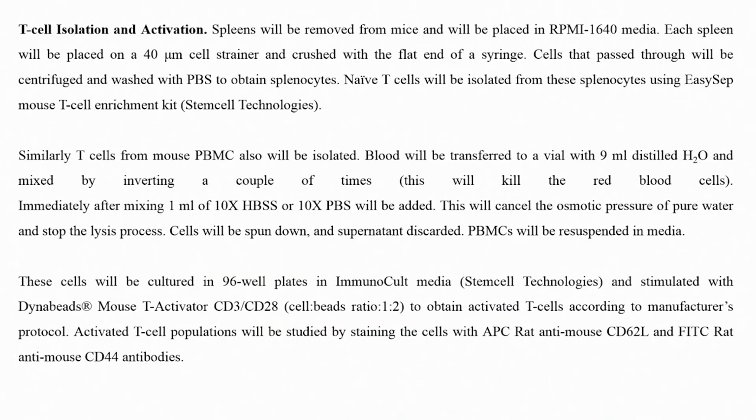So as you have seen in the video, the spleen that is taken out from the mouse will be placed in RPMI 1640 media, and further, to extract T cells from spleens, each spleen will be placed on a 40 micrometer cell strainer and crushed with the flat end of a syringe.